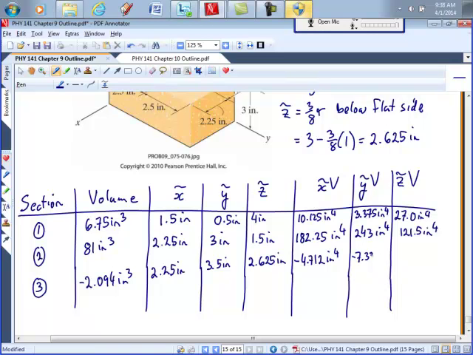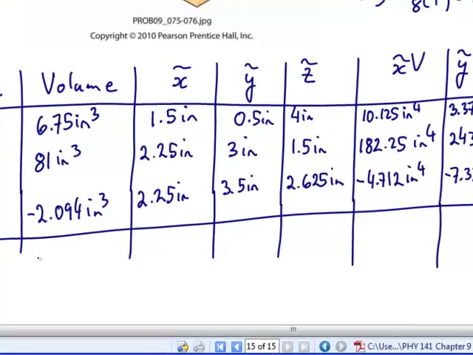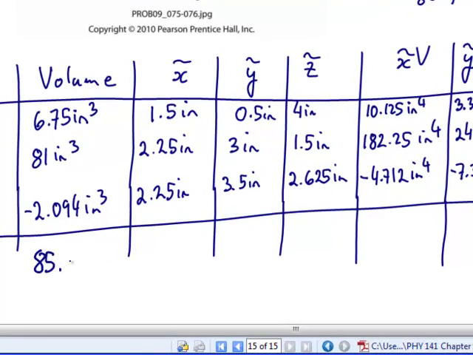Yep. 490. All right, and then we just add them up. So our total volume is going to be 85.656 inches cubed.